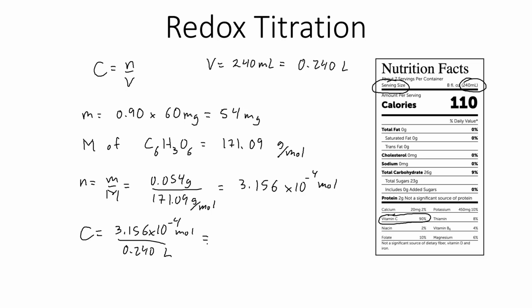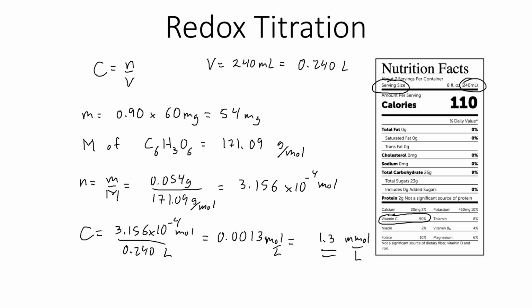Well, let's just do this, and then we'll adjust the answer to make it more reasonable. So you don't get very many moles per liter. I'm going to go with 2 significant digits. But we're going to go with millimoles per liter, because that's much more reasonable, and it's 1.3 millimoles per liter.